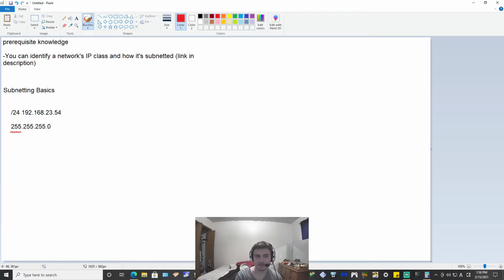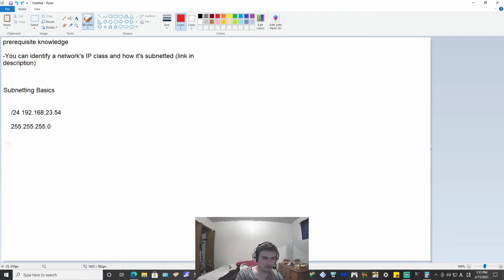So this first octet has 8 bits. The second has 8 bits. The third octet has 8 bits. And even the 4th octet, which is 0, has 8 bits in it, right? So there's 32 bits in total for an IP address, or for a subnet mask.